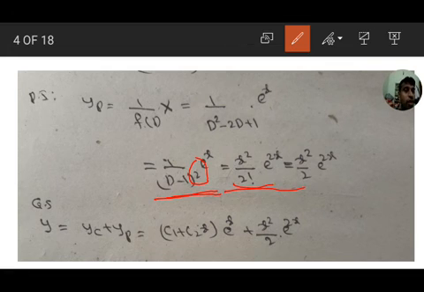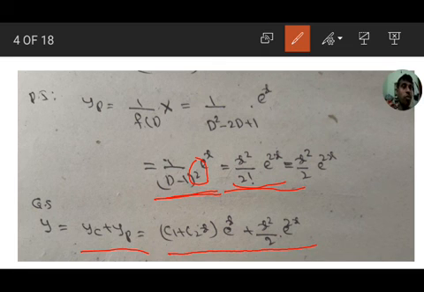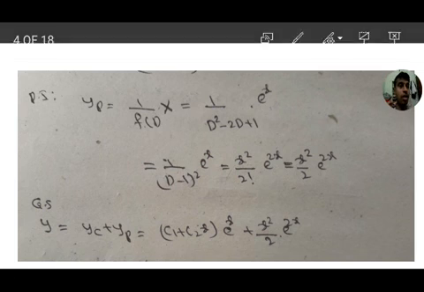So using the formula, x square by 2 factorial, e to the power of 2x... x square value is here, 2 factorial value is 2. So x square by 2 into e to the power of x. So the general solution y equal to yc plus yp, that is c1 plus c2x, e to the power of x, plus x square by 2, e to the power of x. It is the total general solution.